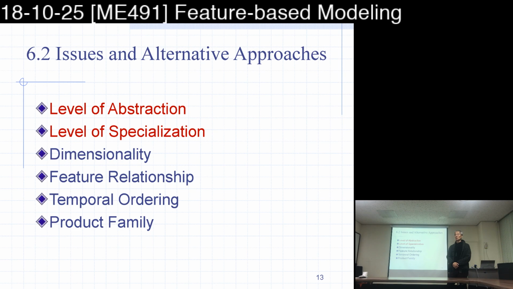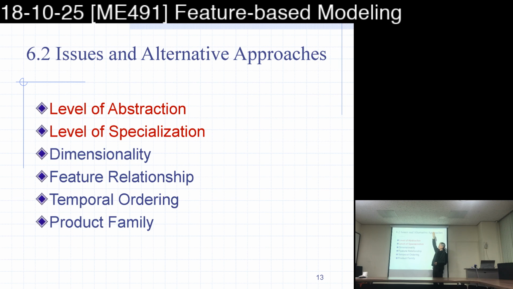We need to know about class hierarchy. Hierarchy means tree. Top level class, bottom level class. What is the difference? General, specific. Tree. Or general, specific. Specialization, generalization. Or abstract or concrete. This is very similar. Right?